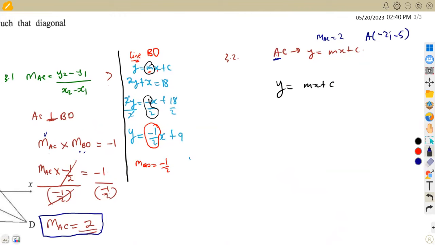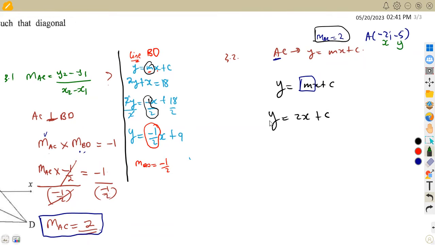So using any formula that you want to apply, you can just substitute into this format that you're given, because m represents the gradient. This m here is your gradient, and our gradient is 2. So that means y is equal to 2x plus c. To find the c, you simply substitute this point. That's your x and that's your y.